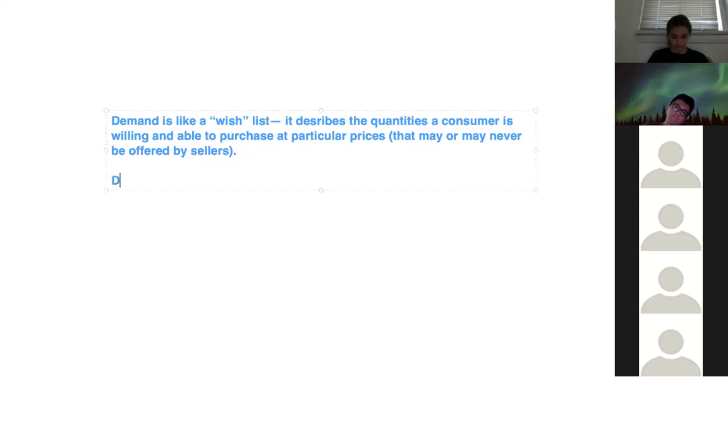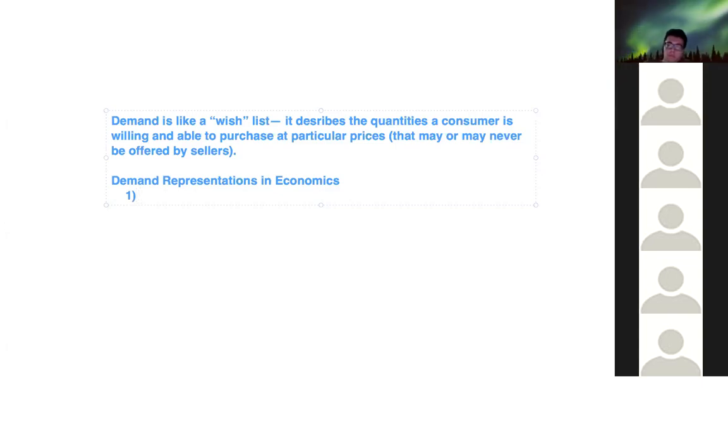So I also want to talk a little bit about how we represent demand in economics. We have three different representations of demand. They all have their use, and they're roughly equivalent to one another. It just depends; some have more information available than the others.